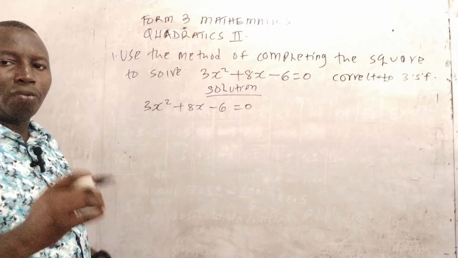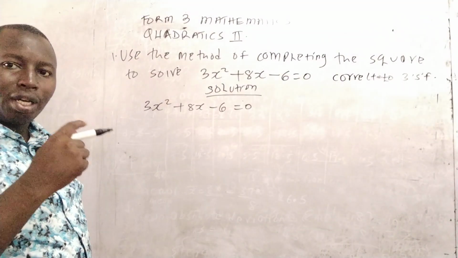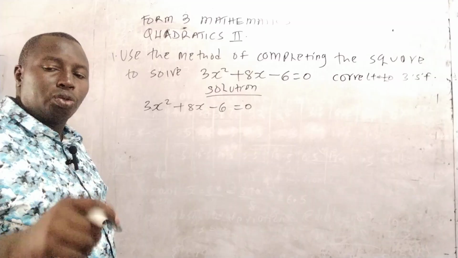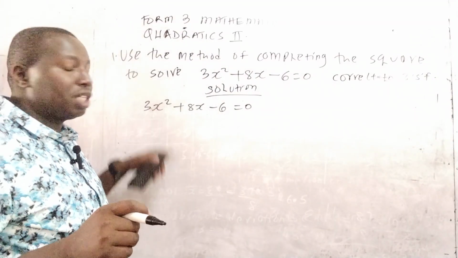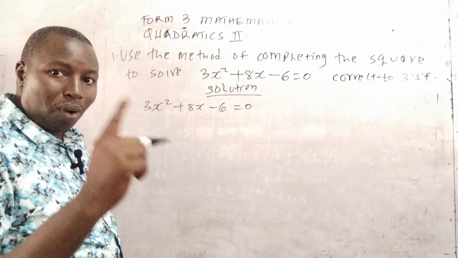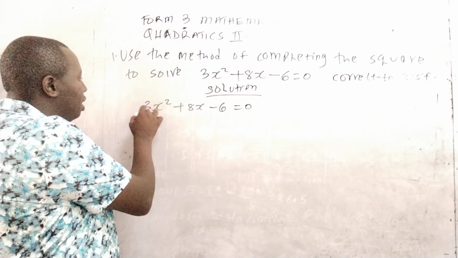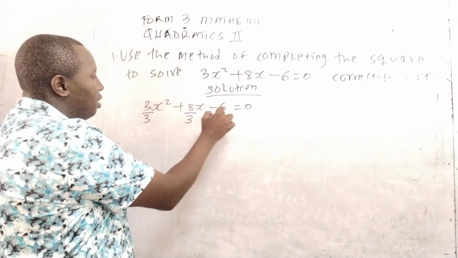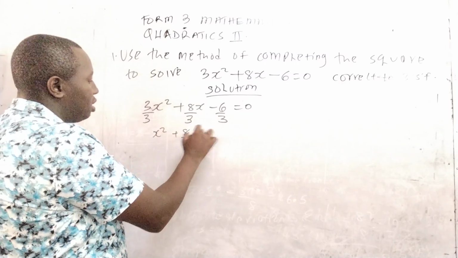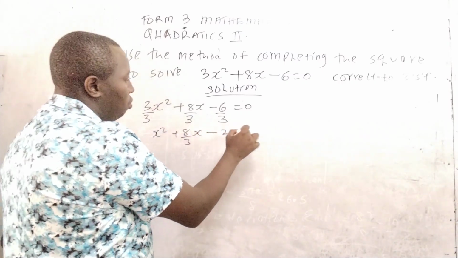When solving by completing the square method, you are supposed to make sure that the coefficient of x squared is 1. So you divide by 3, and you get x squared plus 8 over 3 x minus 2 is equal to 0.